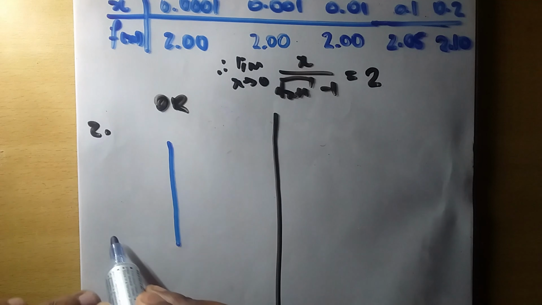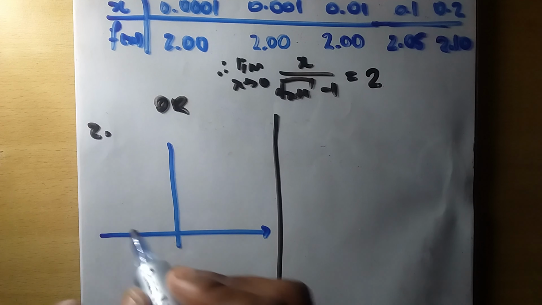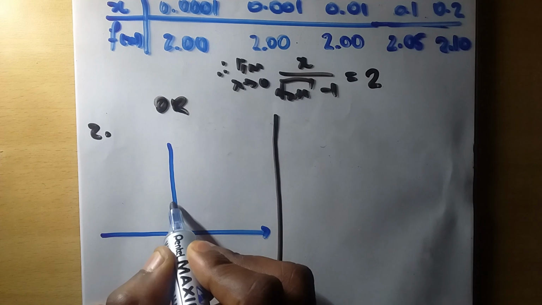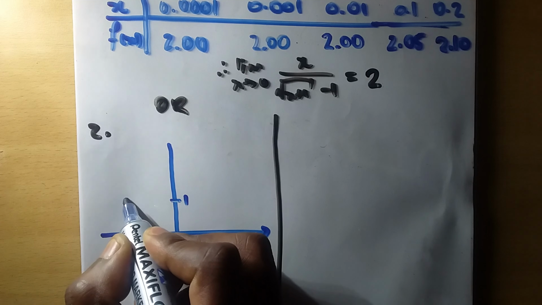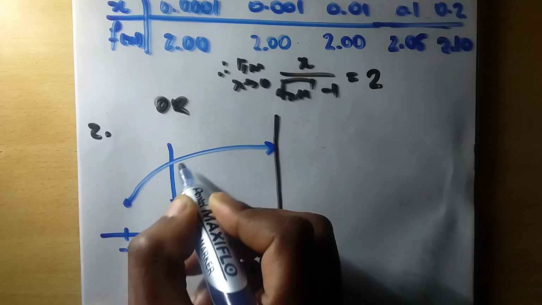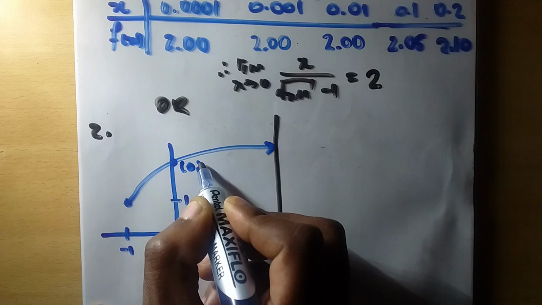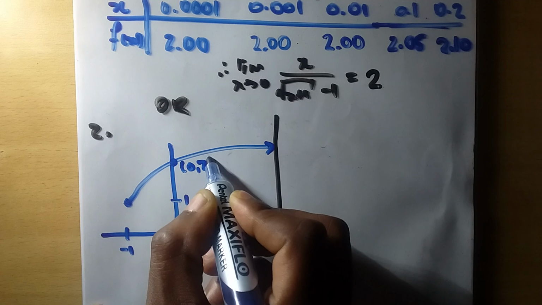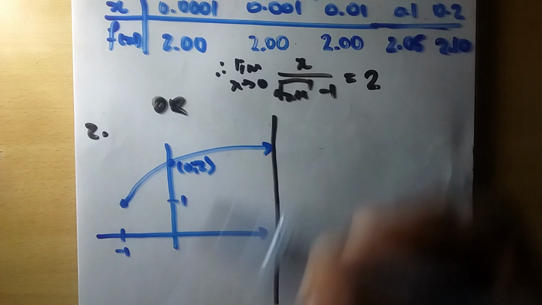This function is going to look something like this, and then let us have a point here, because it has -1 and +1, so it's gonna start here and move like this, and the point of intersection here is going to be 0 and 2.